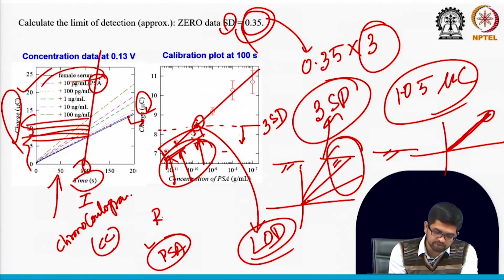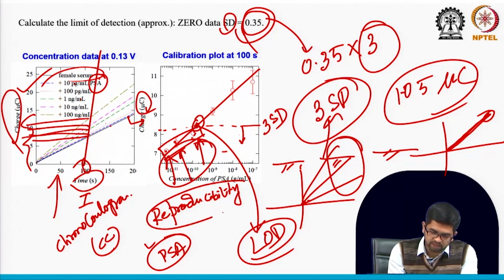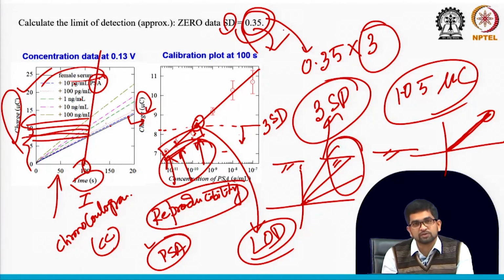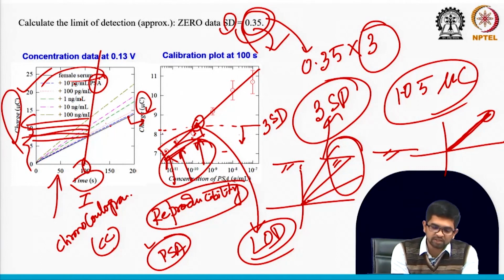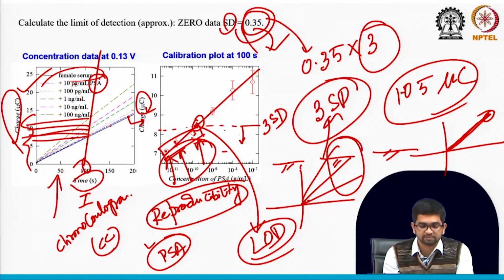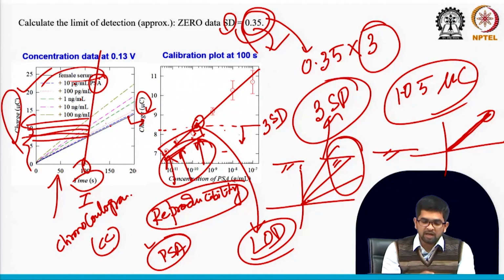So reproducibility is decided by this: if your standard deviation is very low, you are very reproducible. Very high means your biosensor is not reproducible. This way you can calculate your limit of detection and predict your sensor sensitivity.